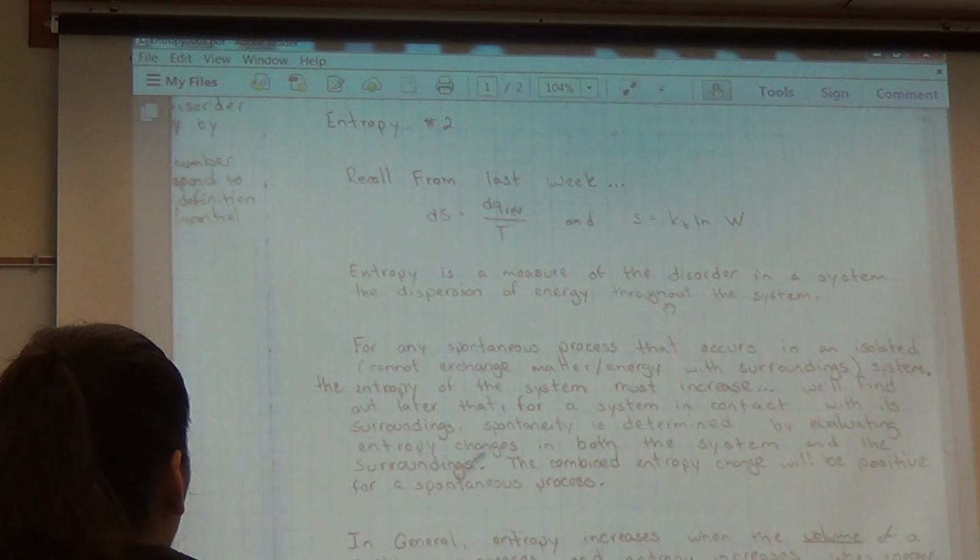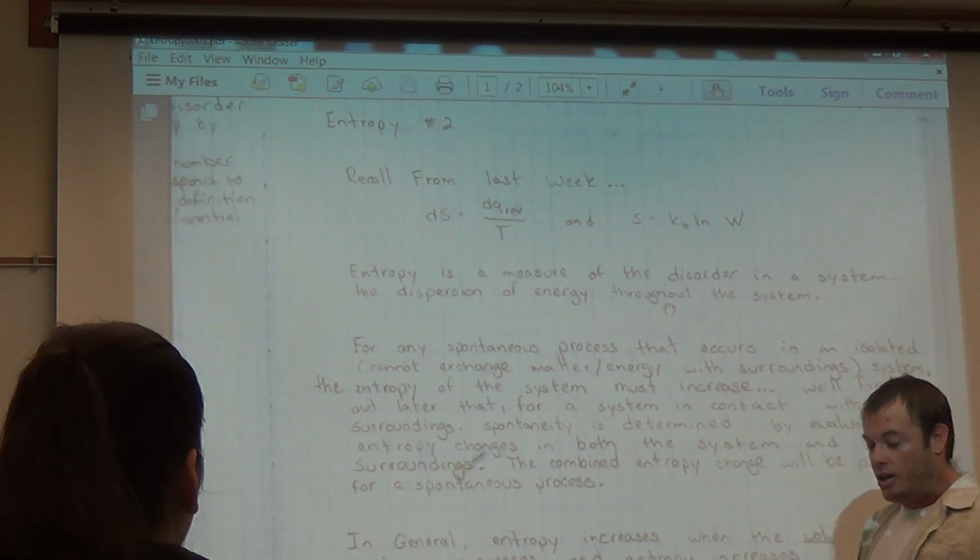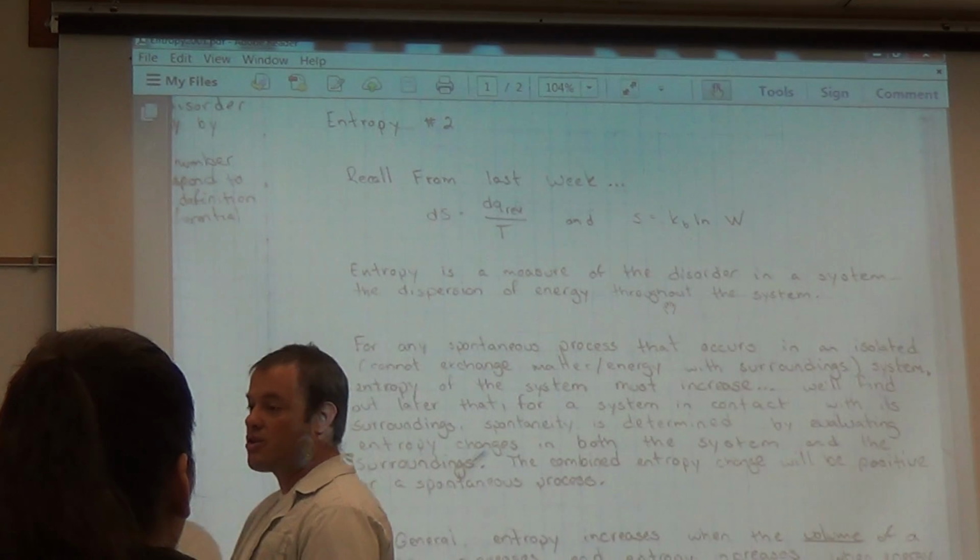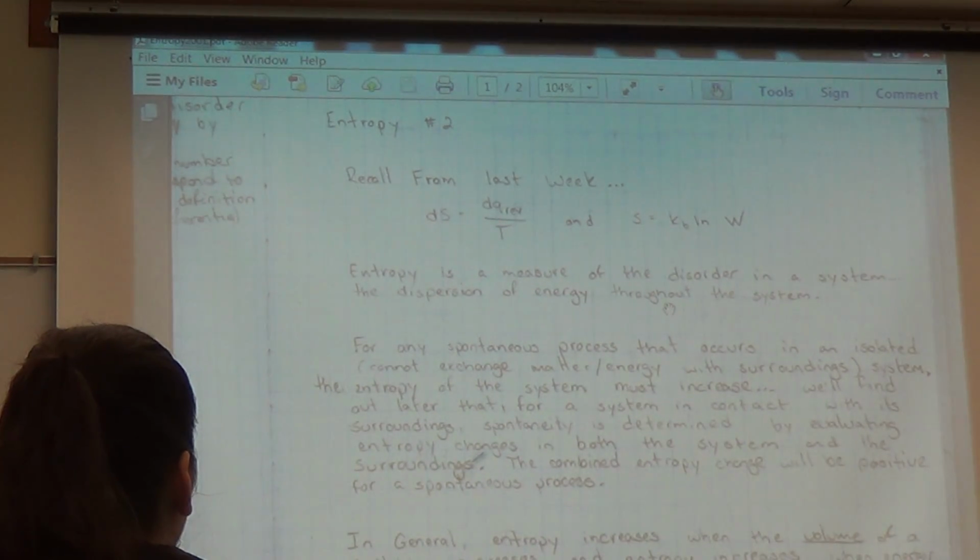We looked at a couple of processes that occurred in closed systems, or isolated systems. Isolated systems are systems that have no exchange of energy or anything else with the surroundings. And so we showed that the expansion of an ideal gas to a larger volume is a spontaneous process if there's no external pressure on it, so that's called free expansion. And we calculated the entropy for that free expansion.